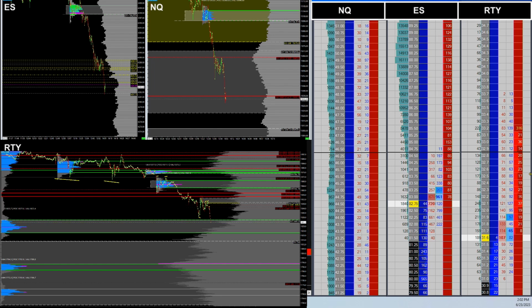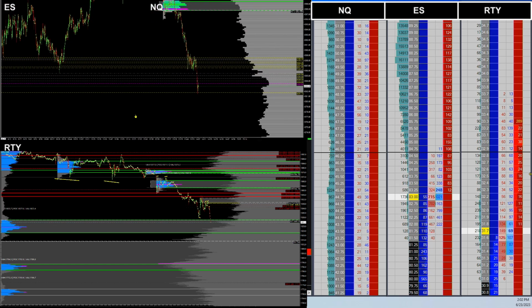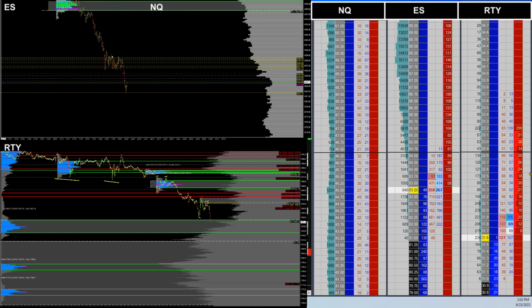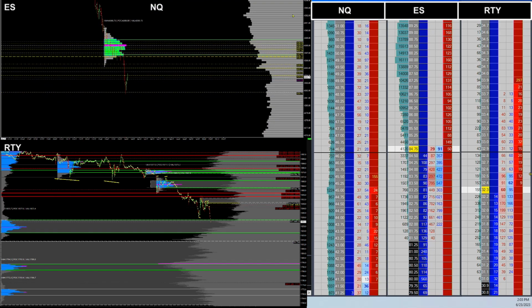Now we need to go higher time frames. Now I have risk to potentially put on a full clip again, because this is a multi, like three-legged down move.